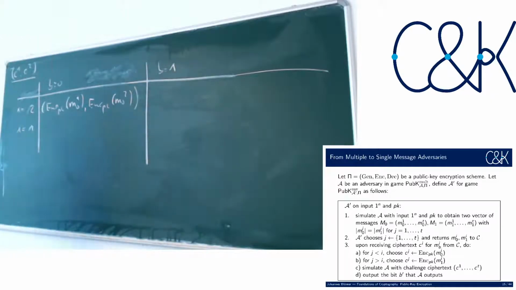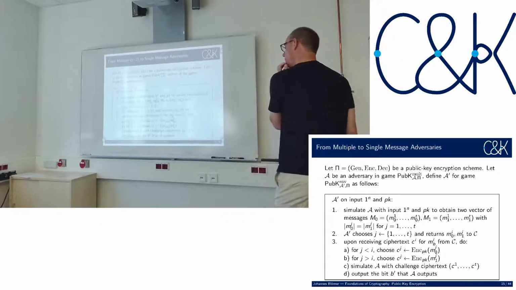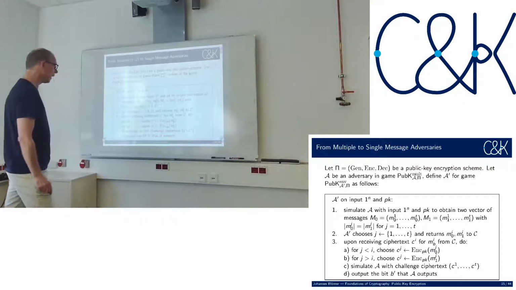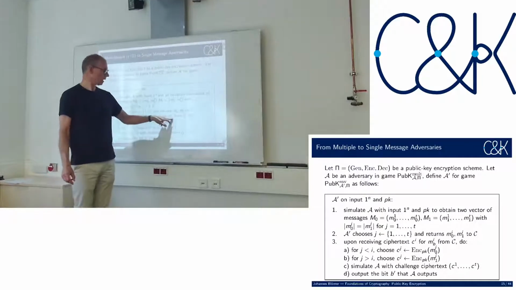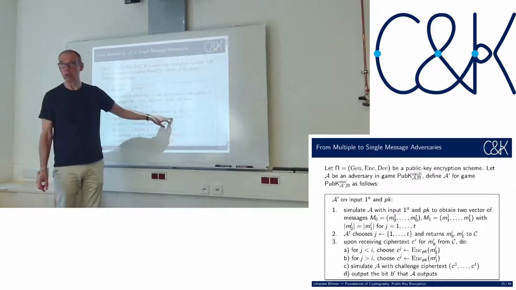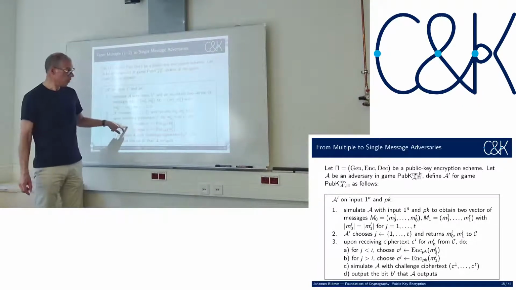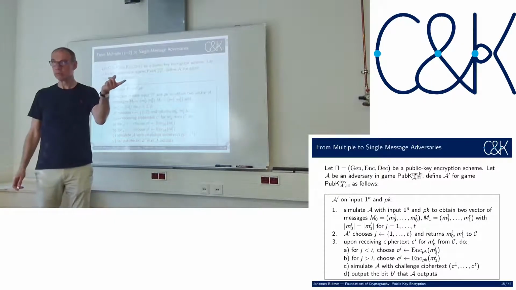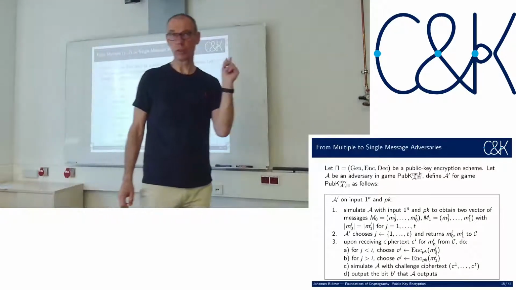Now b is equal to 1, but i is still 2. At the second position I get the encryption of M12. In the first position, I still get M01, because that's determined by position 1 alone.